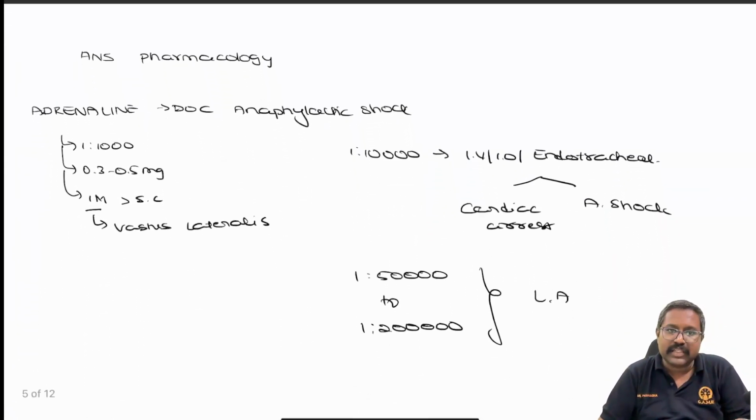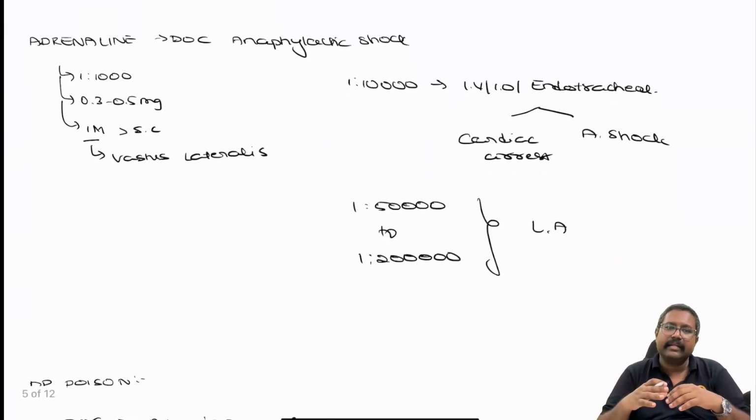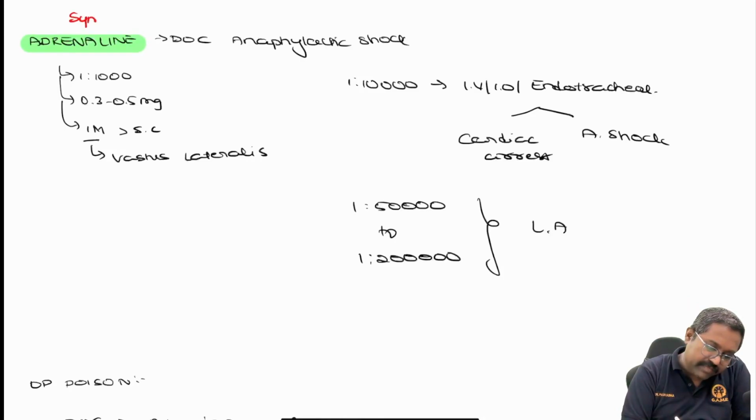So apart from that, next coming to the drugs related to the ANS. A very important drug here is adrenaline. Please remember, adrenaline is a sympathomimetic drug.